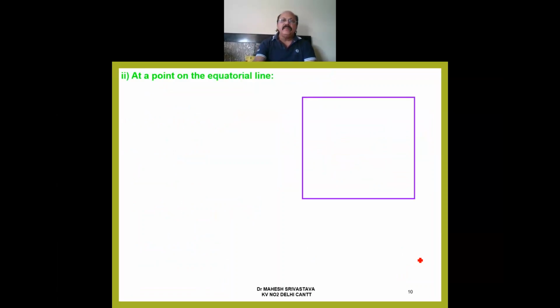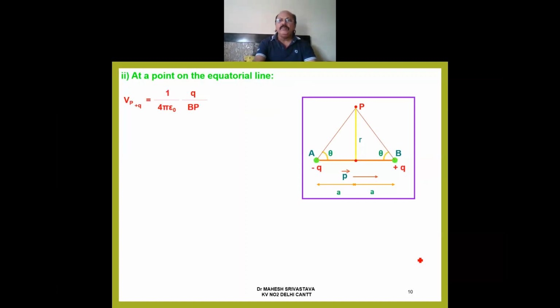Similarly, if you have to find out the electric potential at a point on the equatorial line of an electric dipole, in that condition, again you have to take an electric dipole which consists minus q and plus q charges separated by a small distance 2a with center O. Now we take a point P at distance r from the center of the dipole, that is O point.